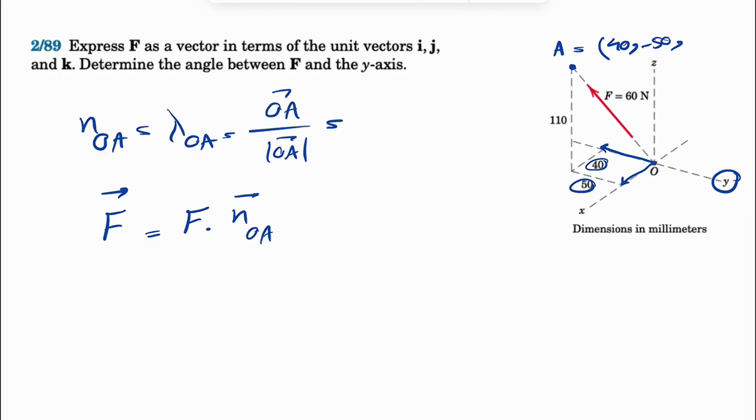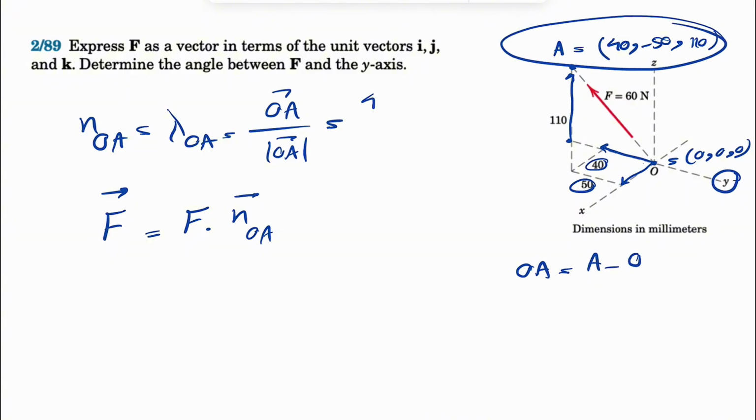And the z is 110, since we are moving on the positive side of z. Since the coordinates of O are 0, 0, 0, for finding OA we just subtract the coordinates of O from A, which is basically the coordinates of A: 40i, negative 50j, plus 110k.